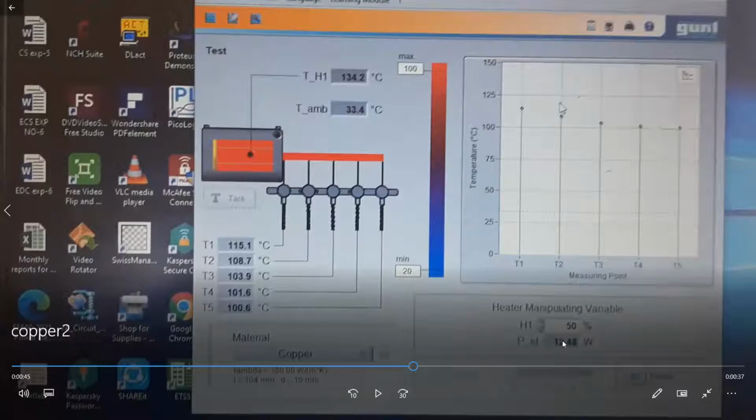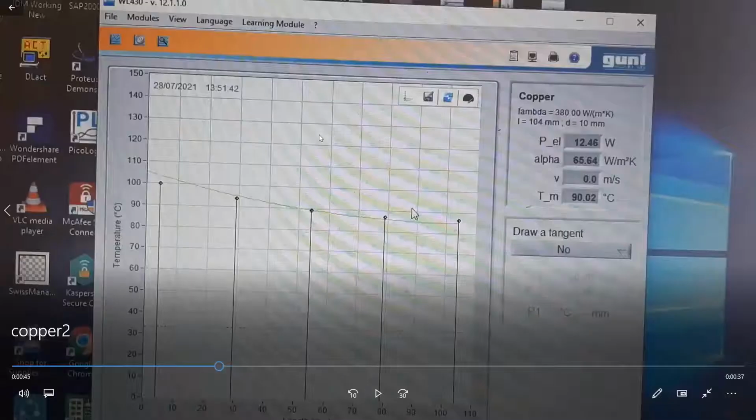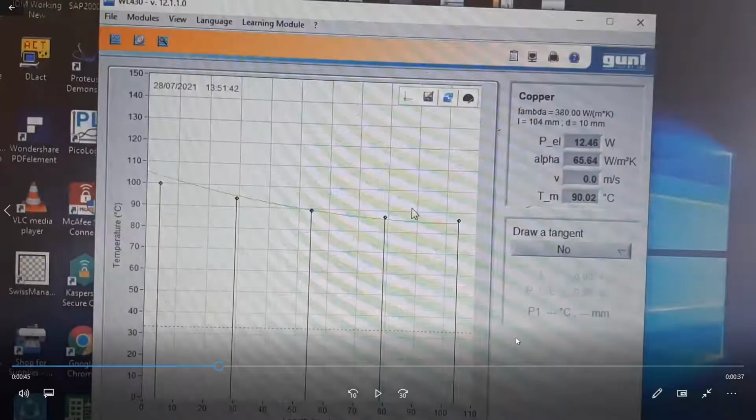So this is the electrical power and everything. By clicking this part, we will view this one, and using this you can note down the electrical power and the heat resistance. If you want to measure the heat flow rate, I think you all know that.